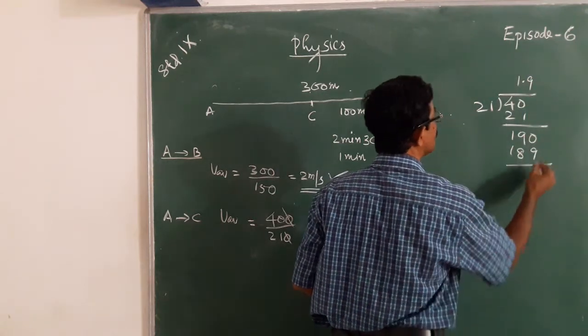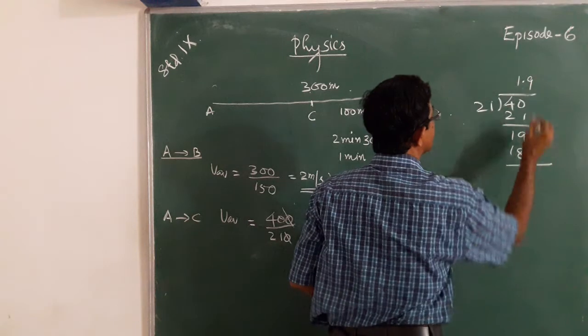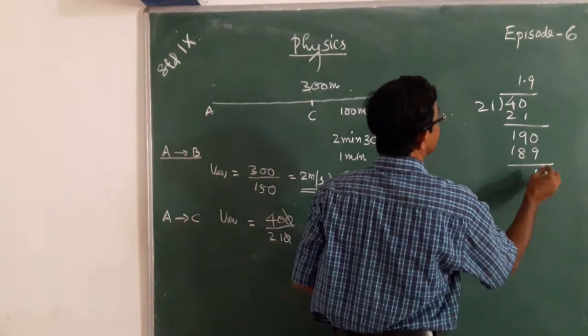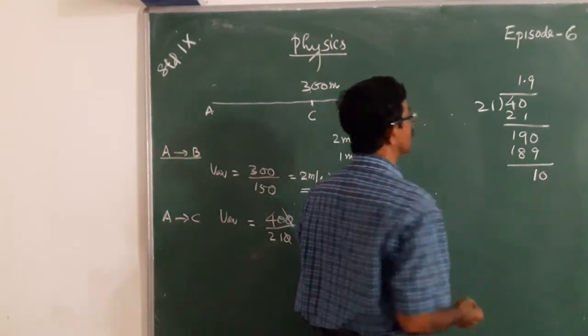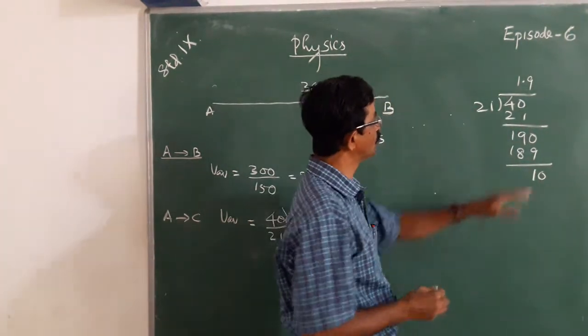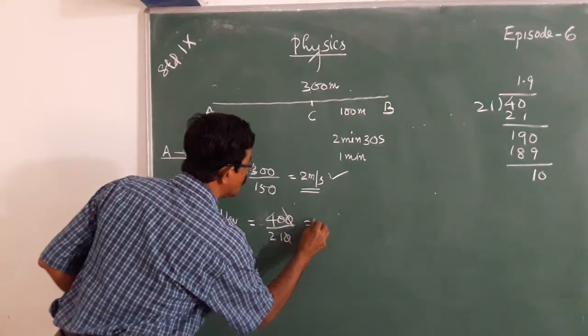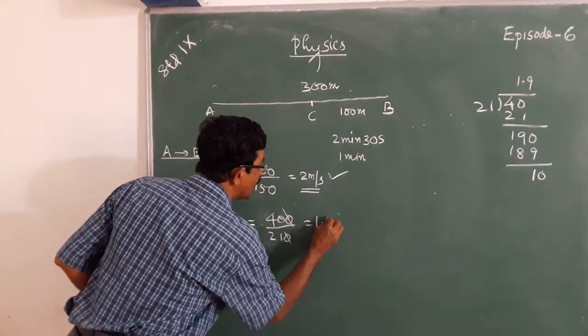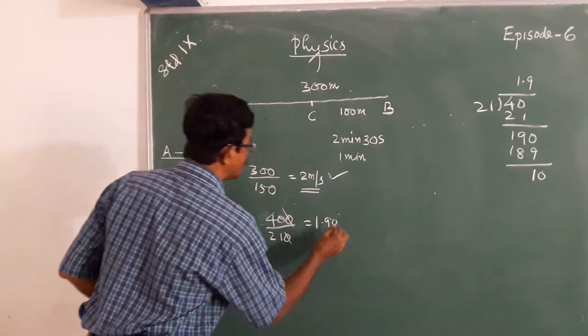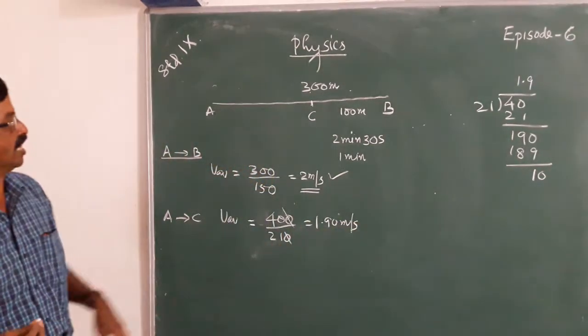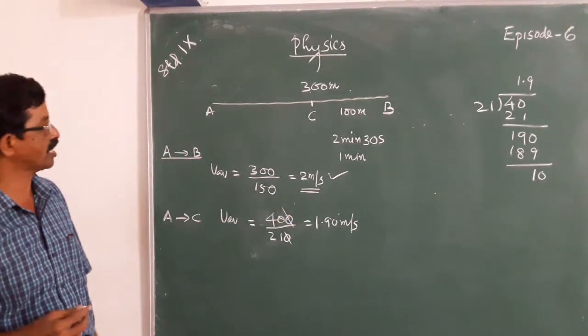Now we put this 9 here and subtract, remaining 1. Then again putting 0. That is the average speed, 1.90 meter per second.